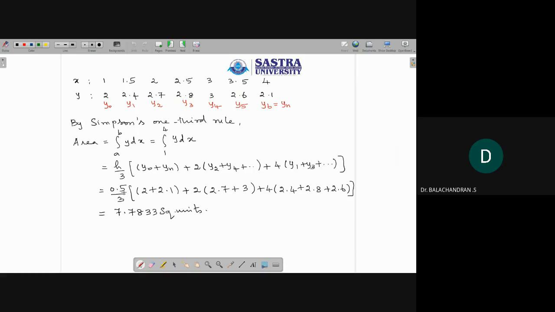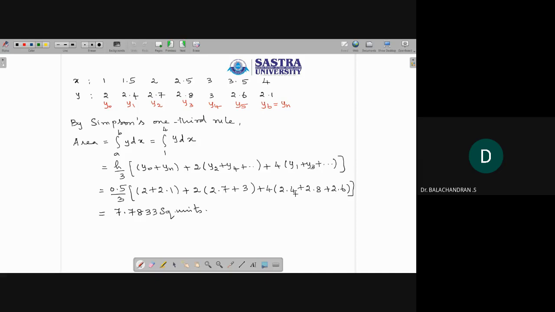Now h is equal to 0.5, and the y0 value is 2. yn is here y6, that is 2.1, plus 2 times y2, y4. y2 is 2.7, y4 is 3, plus 4 times y1, y3, y5. y1 is 2.4, y3 is 2.8, and y5 is 2.6.